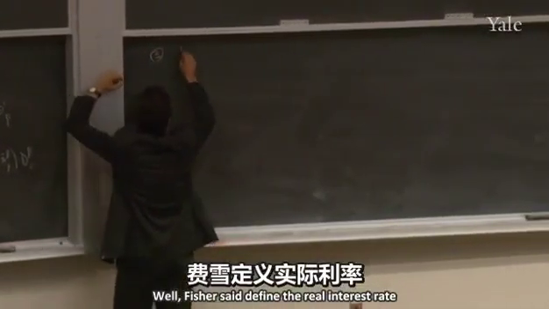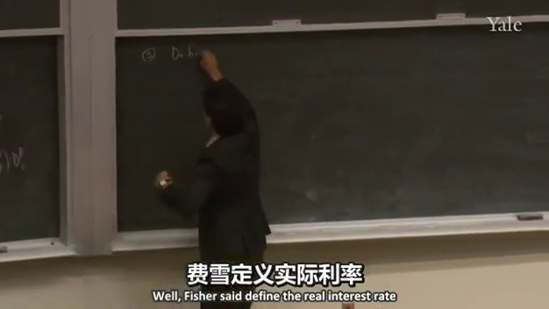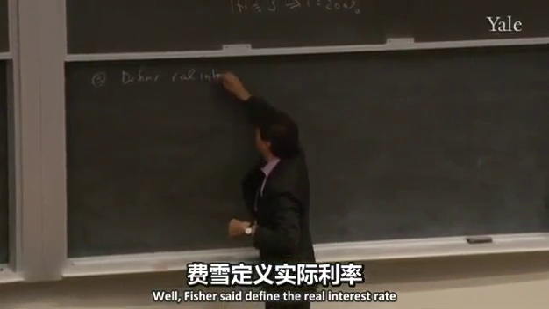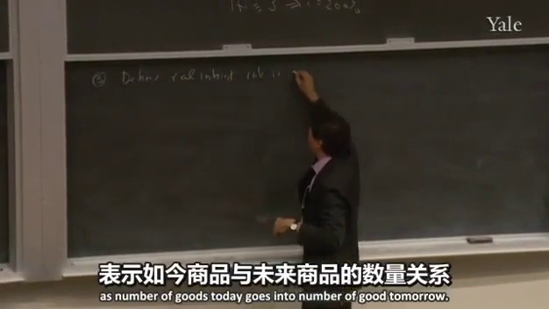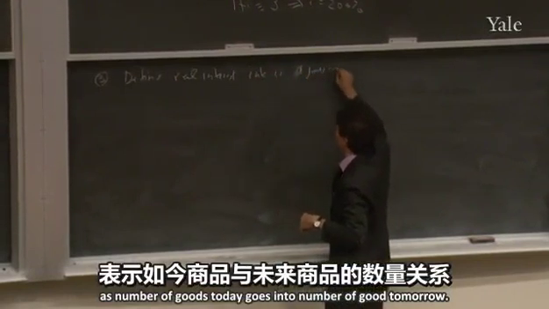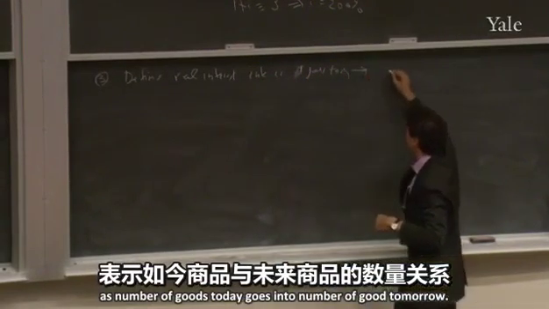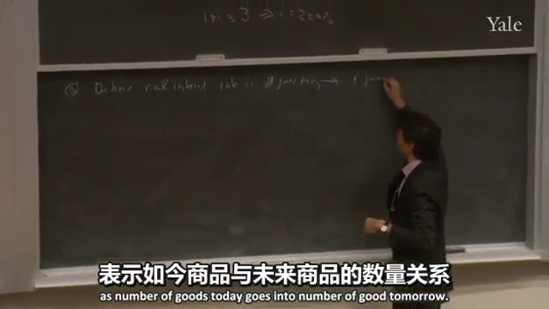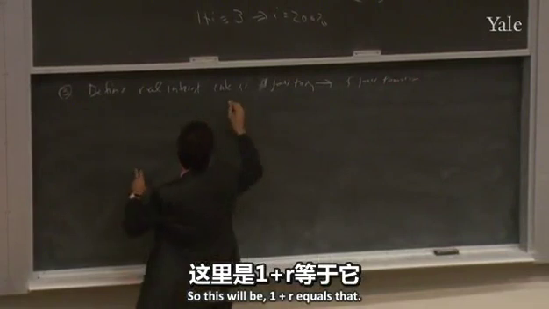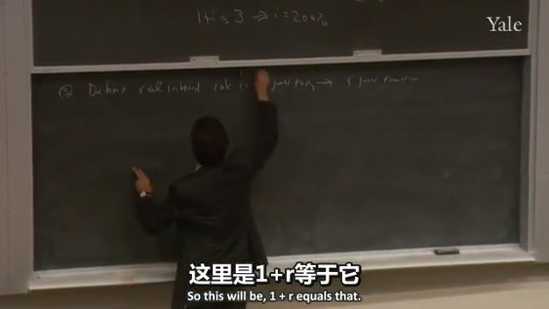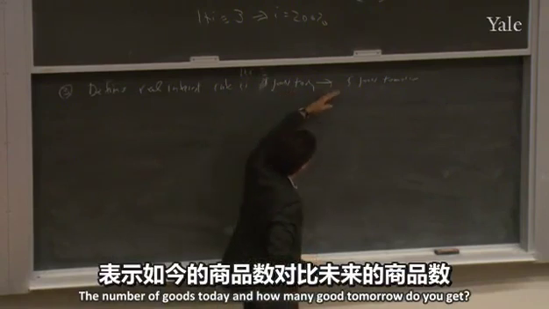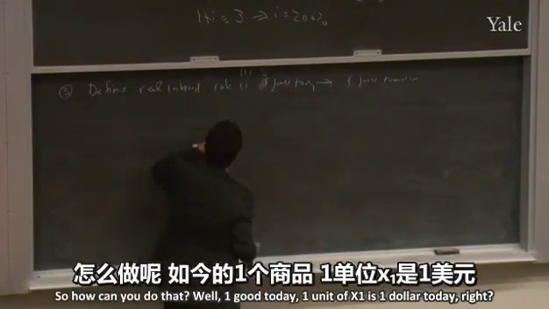Well, Fisher said, define the real interest rate as number of goods today goes into number of goods tomorrow. So this will be 1 plus R equals that. Okay, the number of goods today, and how many goods tomorrow do you get? So how can you do that?